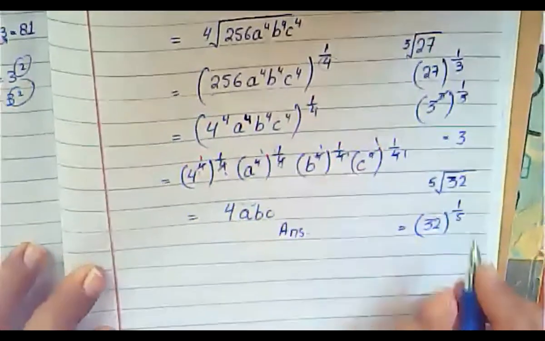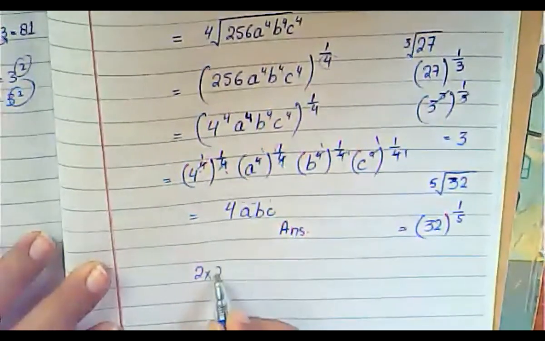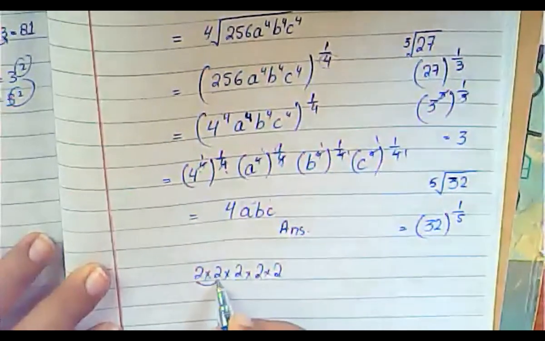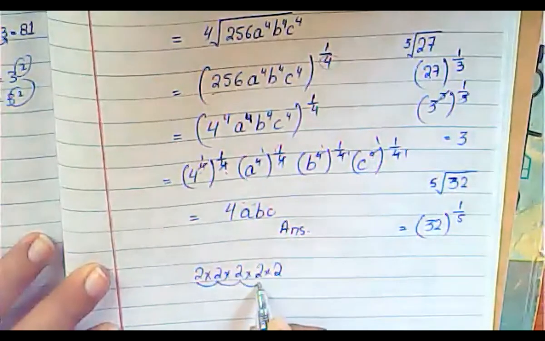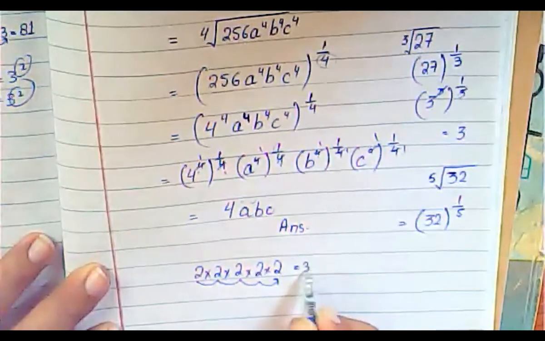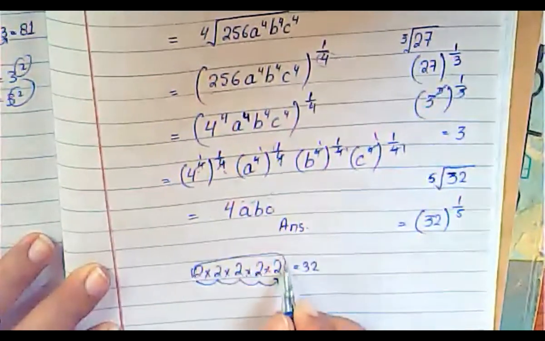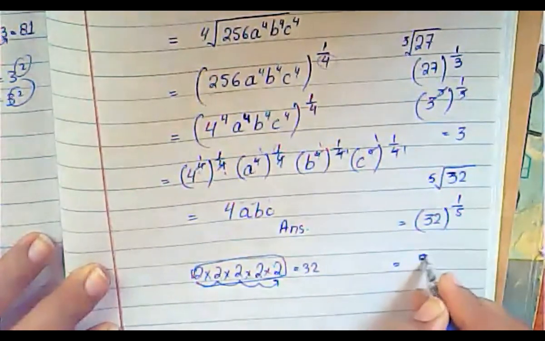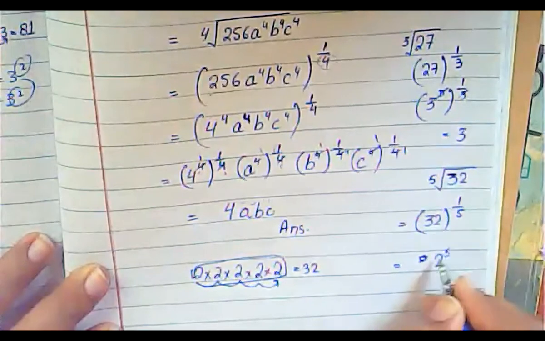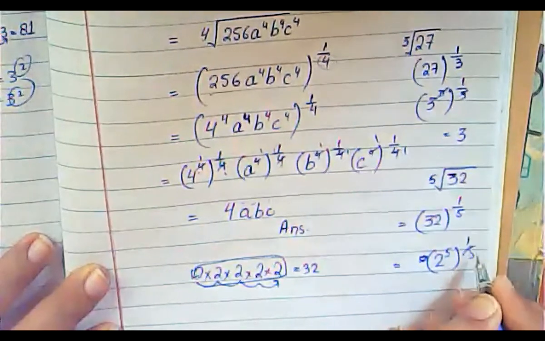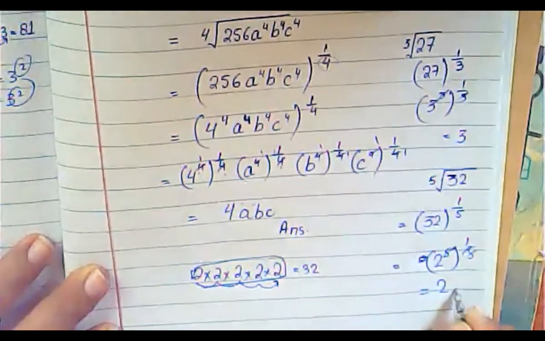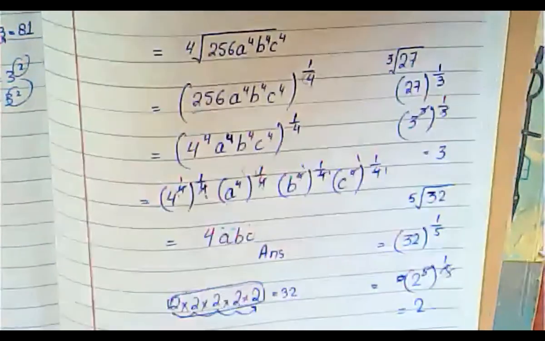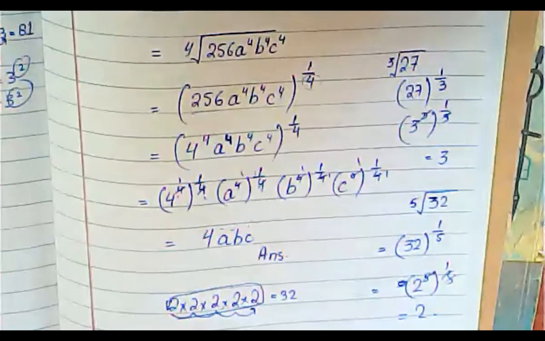So, you can see 2 multiply by 2, multiply by 2, multiply by 2, multiply by 2. So, 2 twos are 4, 4 twos are 8, 8 twos are 16, 16 twos are 32. So, you are multiplying 2 by 5 times. So, you will write here 2 raised to the power 5, then power 1 upon 5. You cancel, answer will be 2. Clear? Okay, now let's start the classwork. I hope it is clear to all of you.